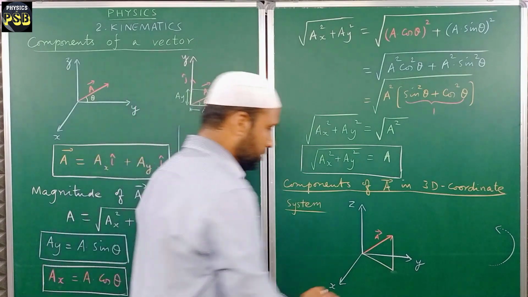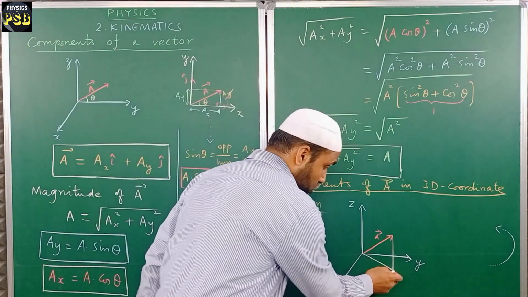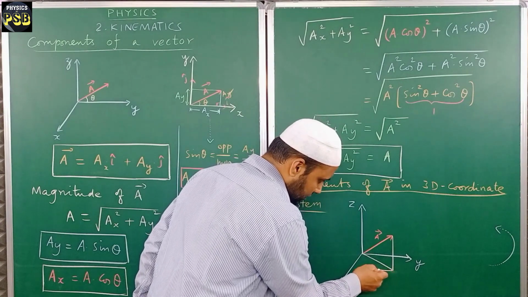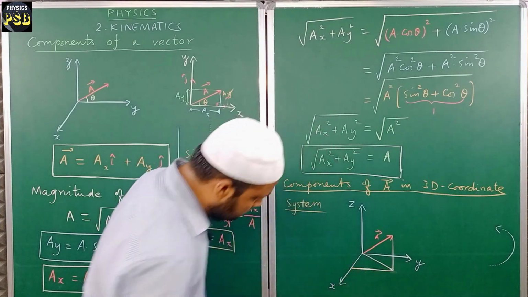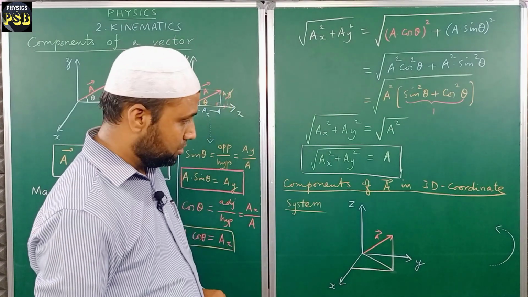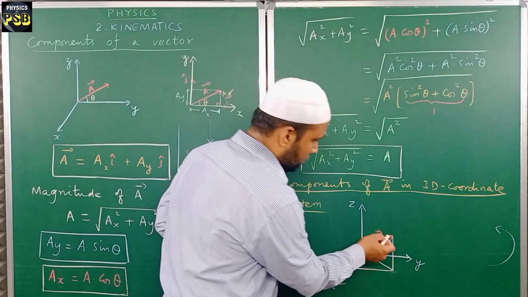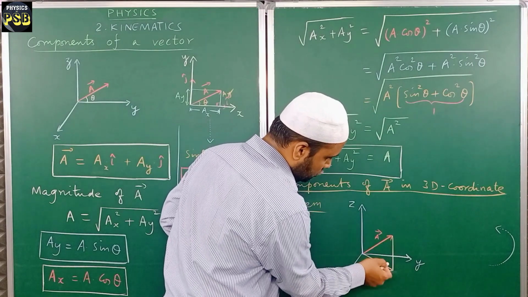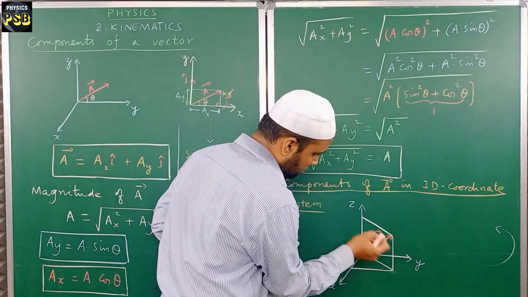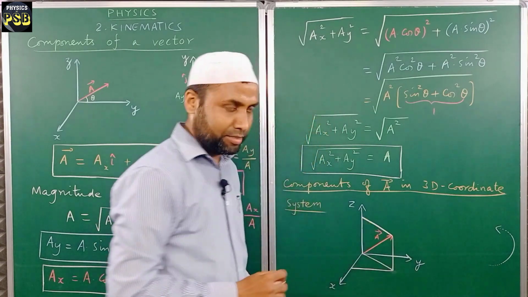After that, I draw a line parallel to the y-axis which intersects the x-axis. Then I draw a line almost parallel to this one, which intersects the z-axis.